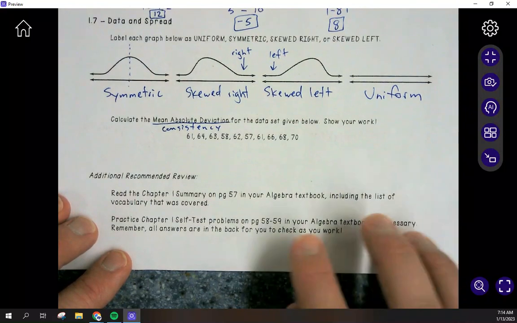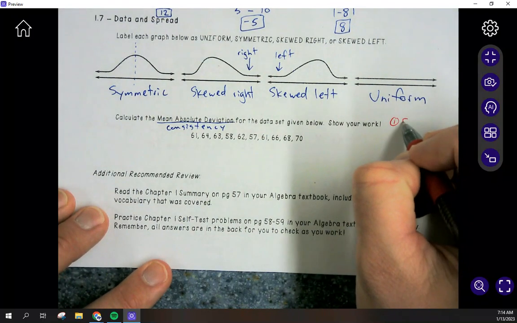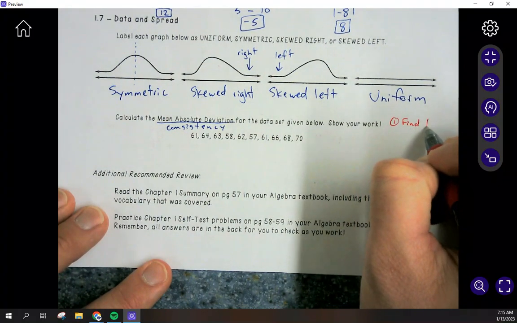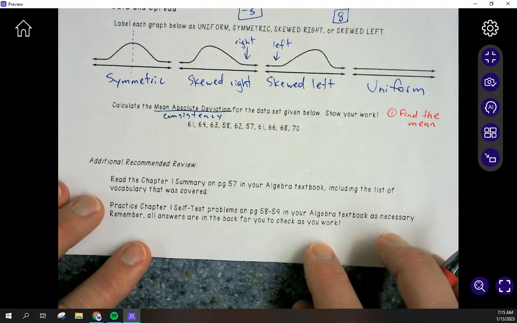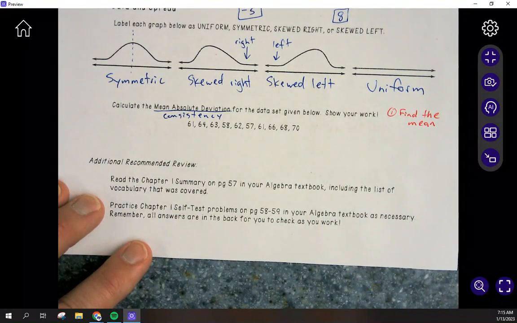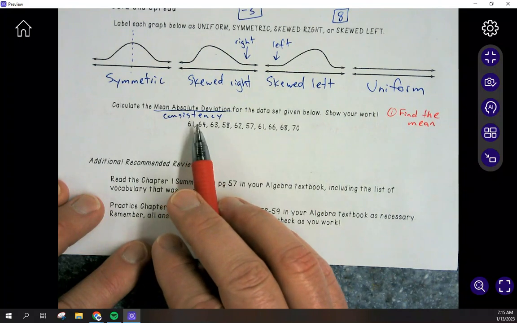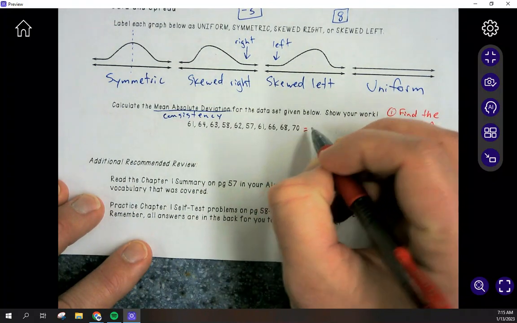All right, so the first step for this is to find the mean. And that is when you add them all up and divide by how many you've got. So I'm going to add all of these up in my calculator. You don't need to watch me punch all that in, but I do this plus this plus this plus this plus this all the way across, and that comes out to 630.